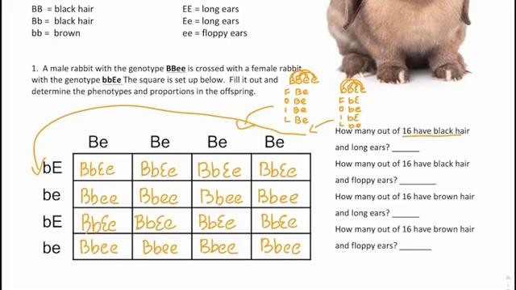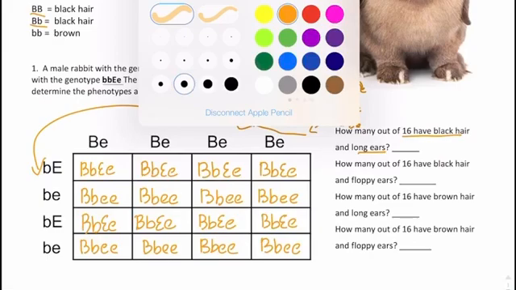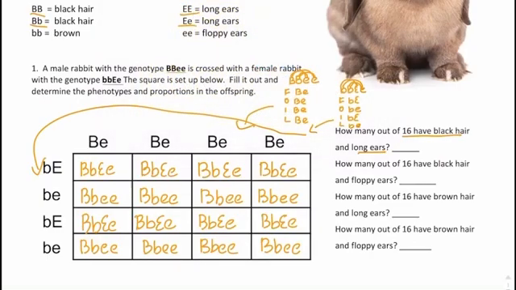So how many out of 16 have black hair and long ears? We know that long ears is capital E, or capital E, lowercase e. And black hair is capital B, or capital B, lowercase b, because the capitals are the dominant. So we're going to highlight that in yellow, so it's nice and organized.